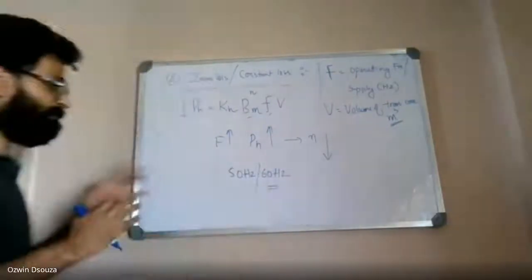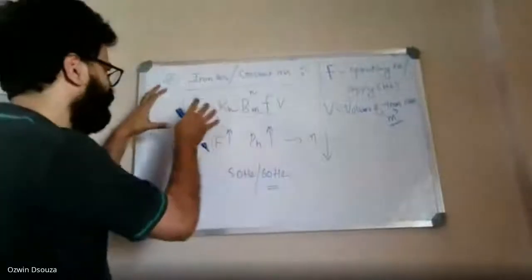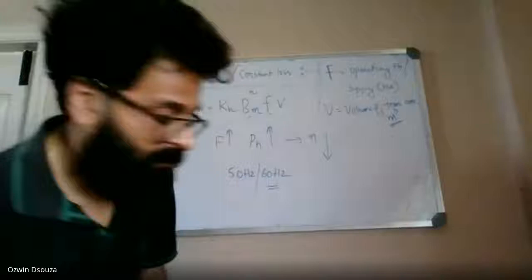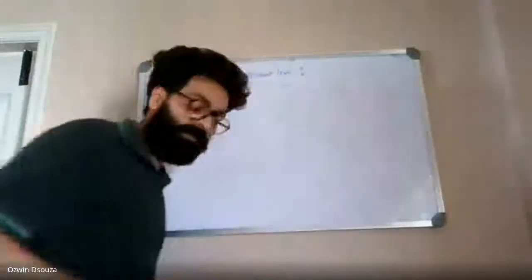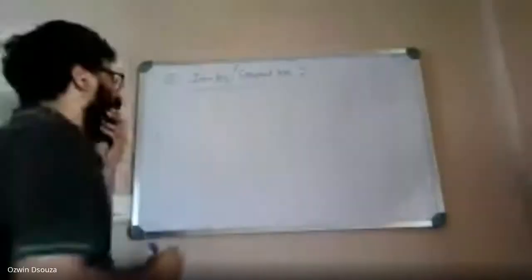So 50 or 60 hertz is not a very high frequency, and that's the reason you are able to reduce the iron losses. This is one of the reasons. All right, so that's about the hysteresis loss, which depends on frequency as well as the volume of the core.